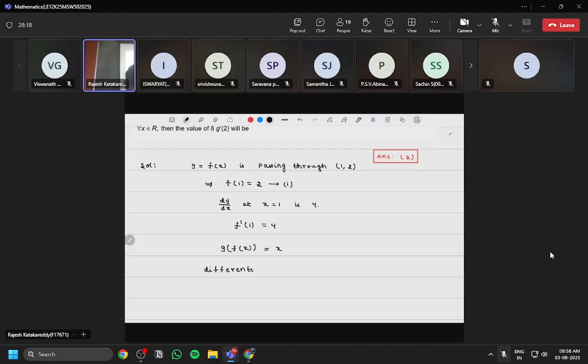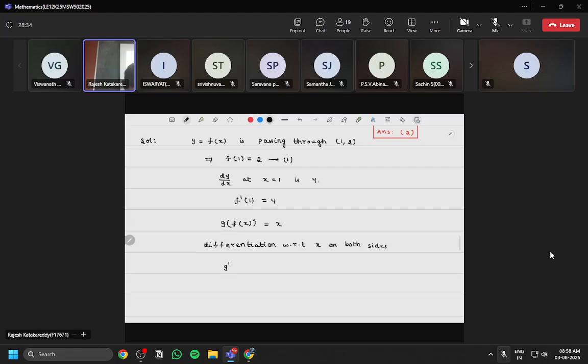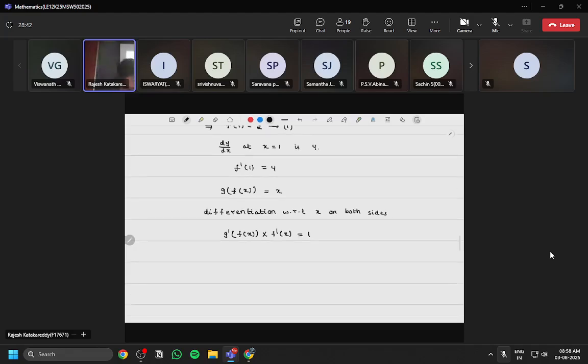If I differentiate the left hand side, I'll have g dash of f of x into f dash of x is equal to 1. I hope you understood this step. Next, I can write g dash of f of x is equal to 1 by f dash of x.